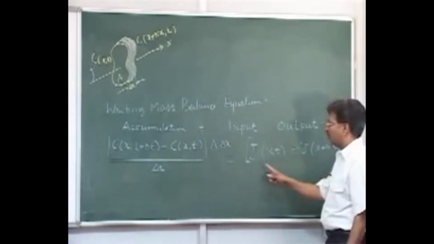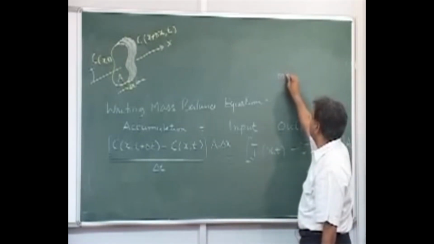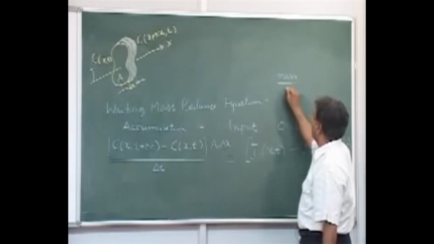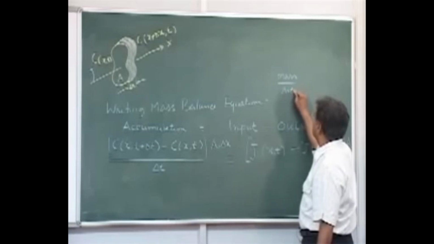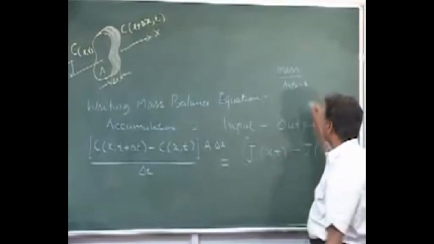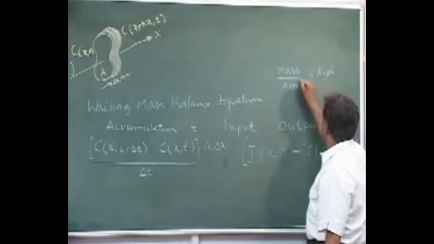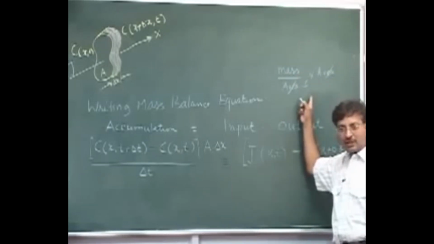J. What are the units of J? Mass per area per second. So if I multiply by this area, I am getting mass per second.